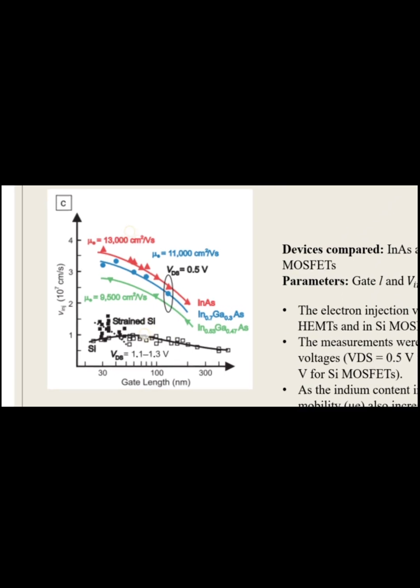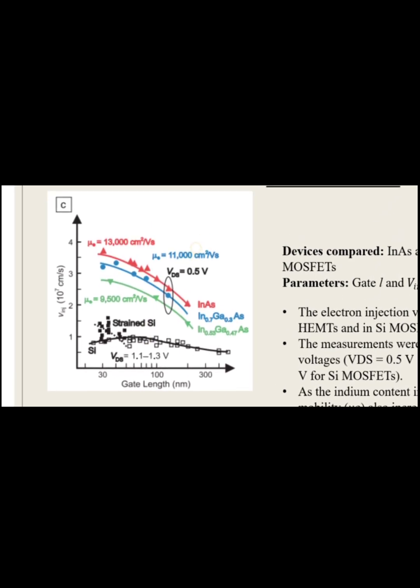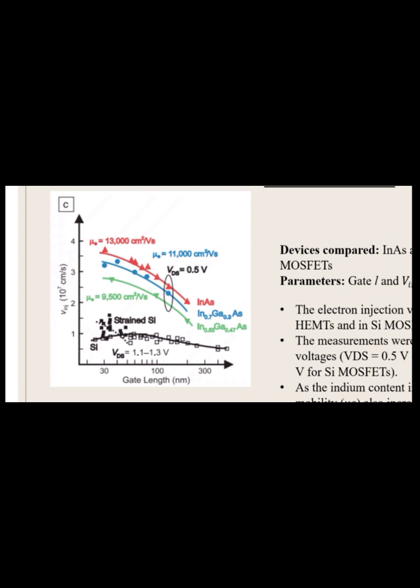So here you can clearly see that for various devices, this electron injection velocity changes with the changing gate length. What they are trying to say in this figure is that the electron injection velocity in indium arsenide, indium gallium arsenide high electron mobility transistors with different channel compositions and in silicon MOSFETs changes with the gate length.